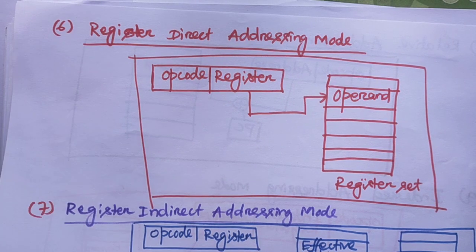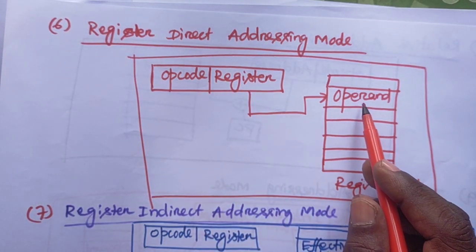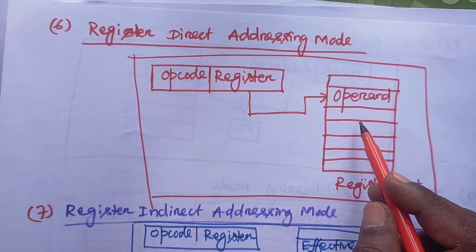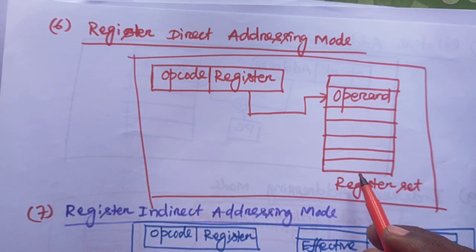Where same concept, we use the opcode and register. So in direct address the operand is available in a register set. Different registers, the operand is available in a register set.